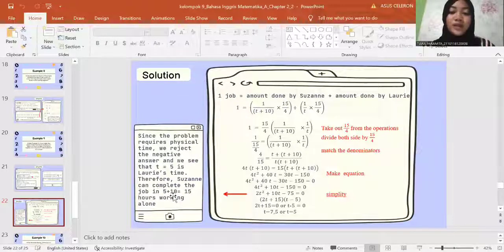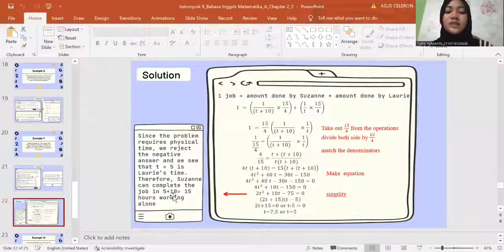Make a quadratic equation. 4t squared plus 40t minus 30t minus 150 equals 0. Simplify as 2t squared plus 10t minus 75 equals 0.